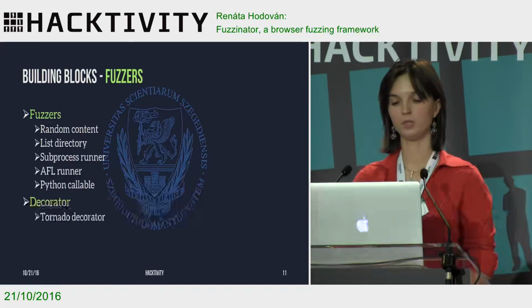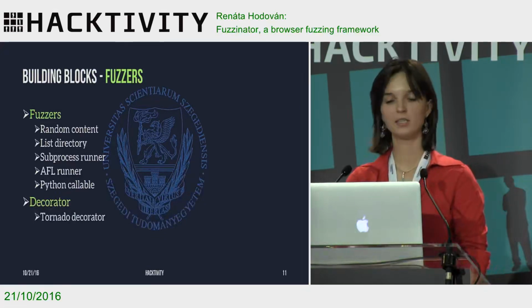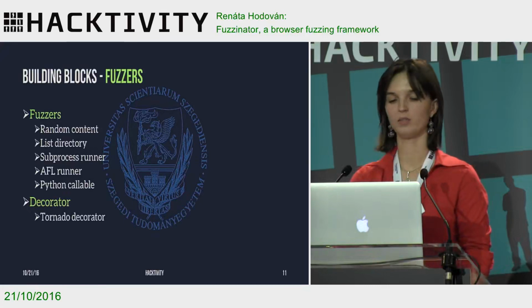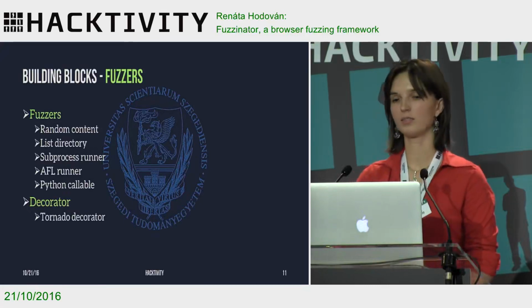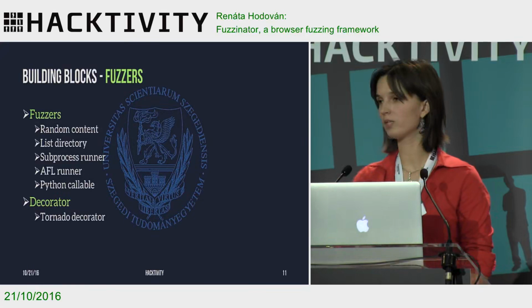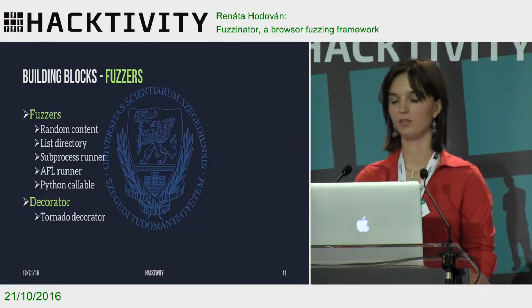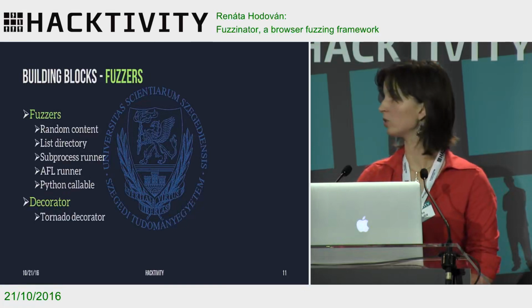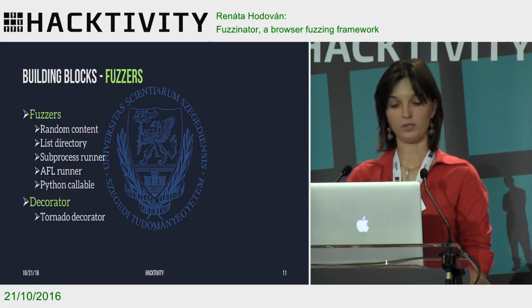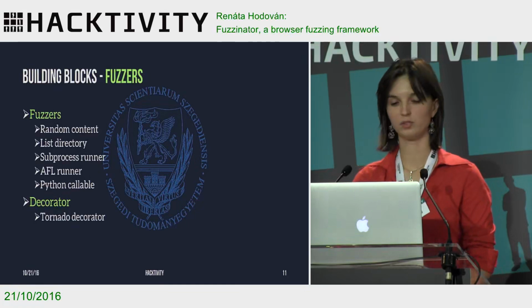Or if you favor AFL, then we have a wrapper around AFL too. This can capture the issues found by AFL, triage them the same way as every other issue, and gather information for them. And of course, you can plug in your own callable again.